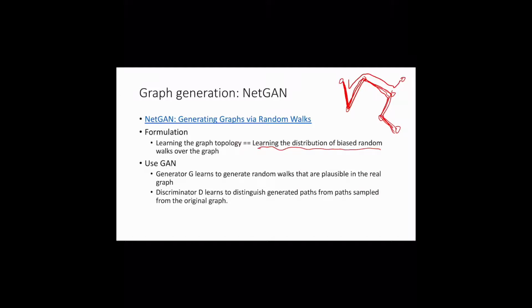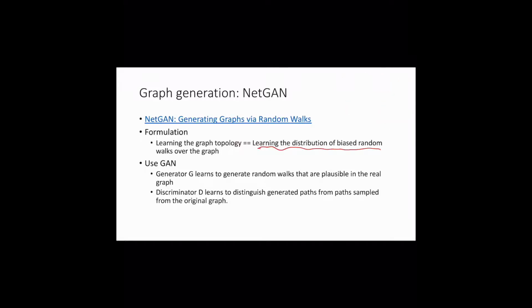So to do this, they use a GAN setup where there's a generator and a discriminator, and the generator learns to generate random walks like this, and then the discriminator D learns to distinguish the generated paths from the paths sampled from the original graph.